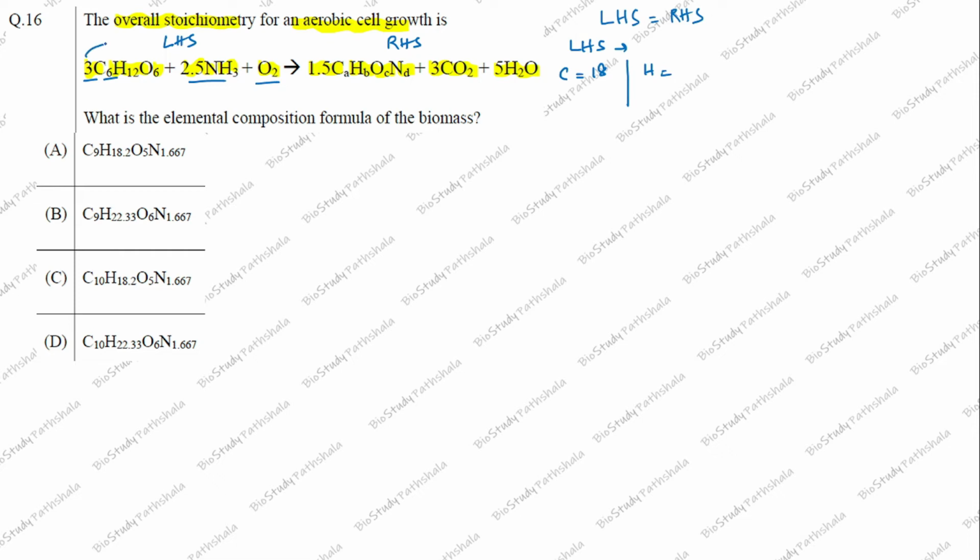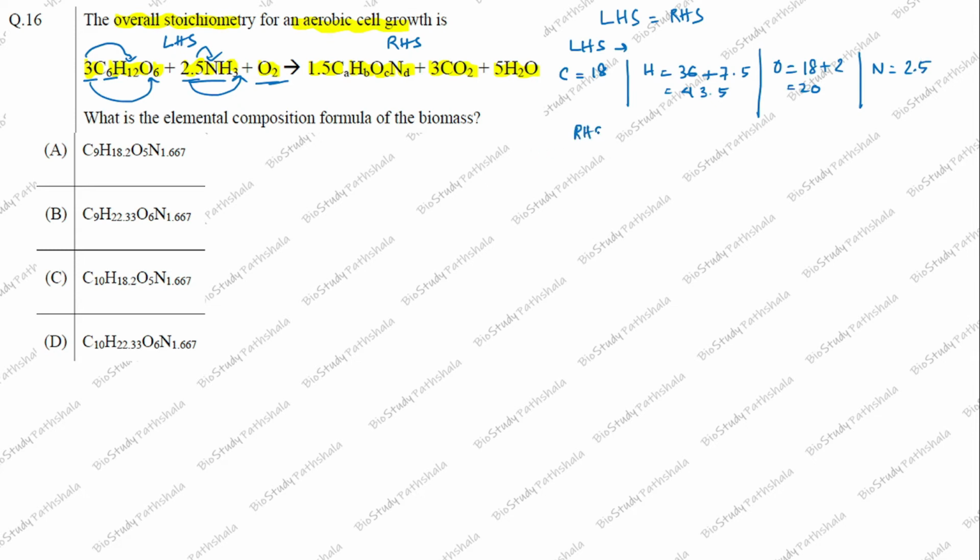Hydrogen is 3 into 12, that is 36, plus 2.5 into 3, that is 7.5, so it will be 43.5. Next is oxygen. Oxygen is 3 into 6, that is 18, plus 2 is equal to 20, and last one remaining is nitrogen, 2.5 into N, so N will be 2.5.